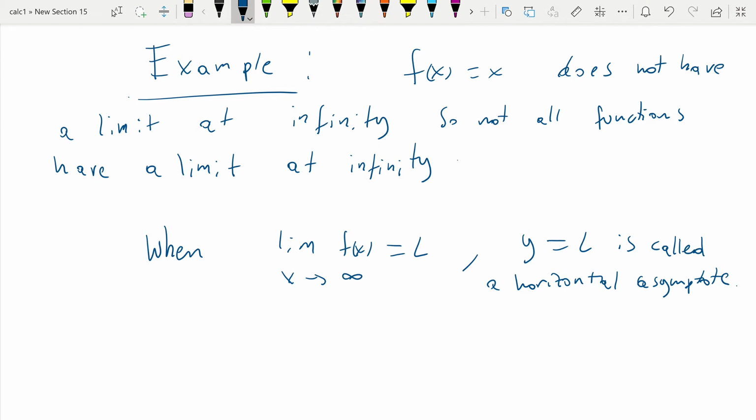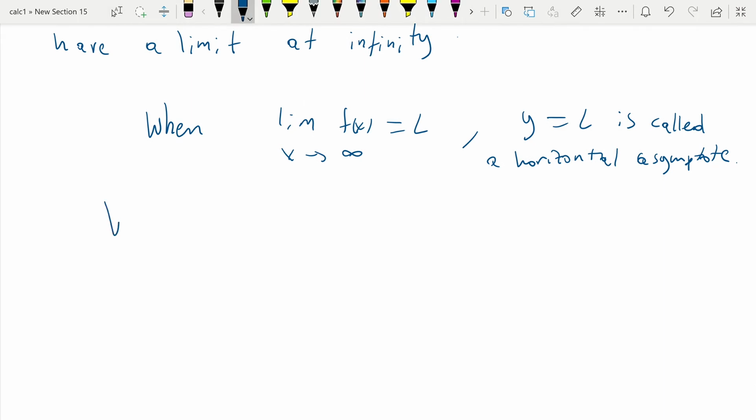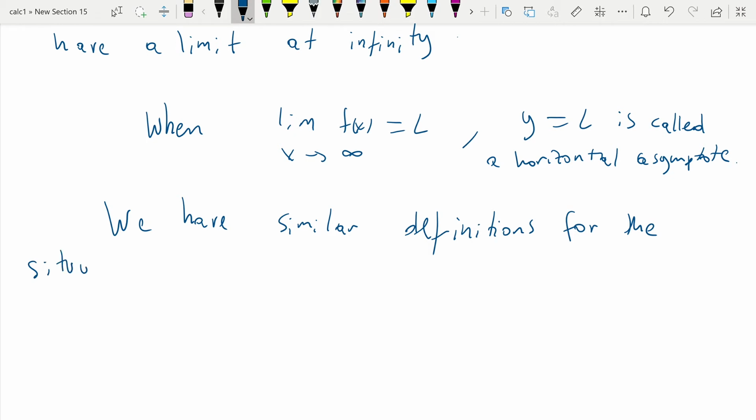Okay, and we have similar definitions for the situation when we let x go to minus infinity.